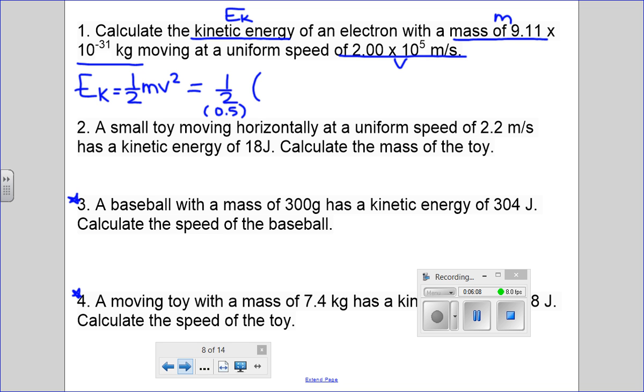And the reason is, especially in a question like this, anytime there are exponents kicking around, I like to make sure that I'm keeping them with the number that they go with. So I want to make sure that 10 to the power of negative 31 goes with 9.11. And the only way I can make sure of this in my calculator and in my mind is to separate it. The other reason I like brackets in this question is specifically for the second part.